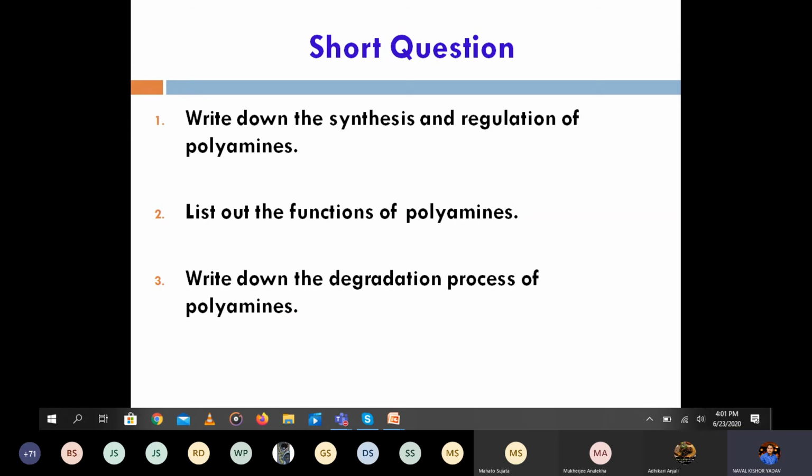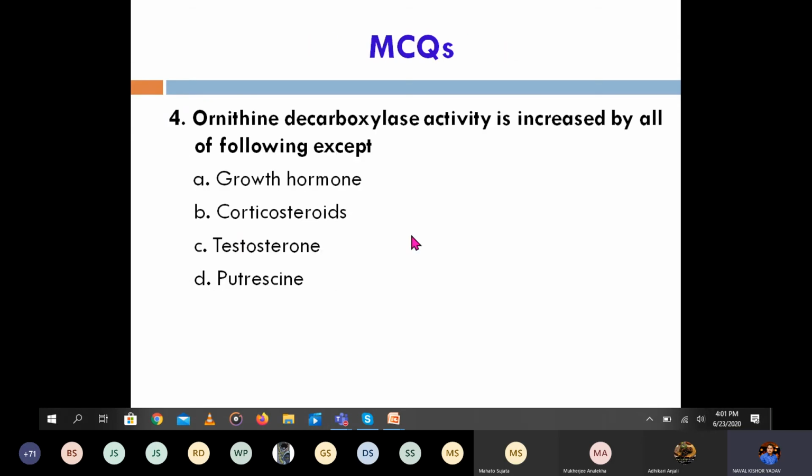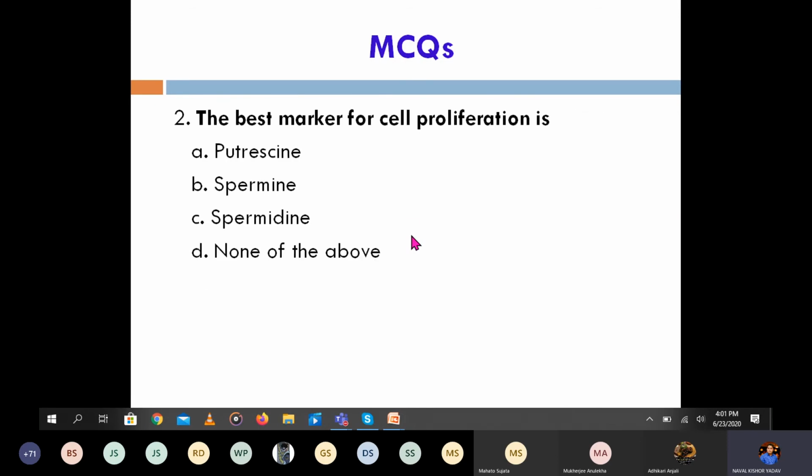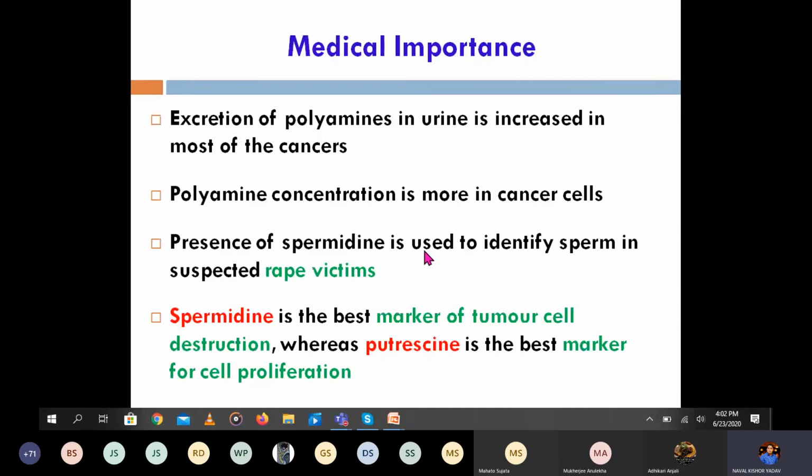One interesting thing you can observe is polyamine excretion. Excretion of polyamines in the urine is increased in most cancers. If you test for polyamines in the urine sample of a cancer patient, you will get a larger amount of polyamines, in cancers like leukemia, ovarian cancer, and lung cancer.